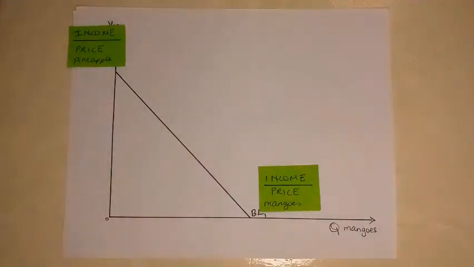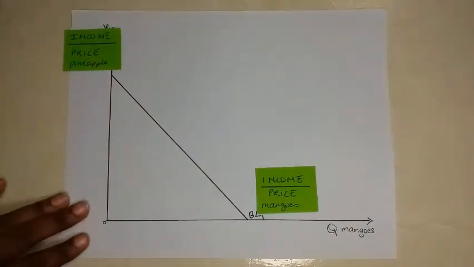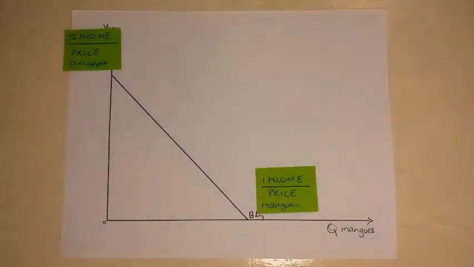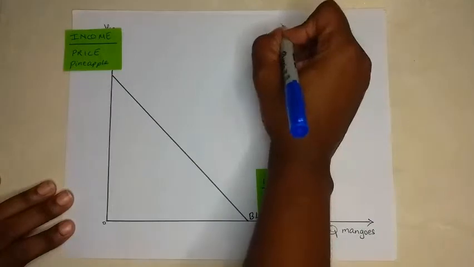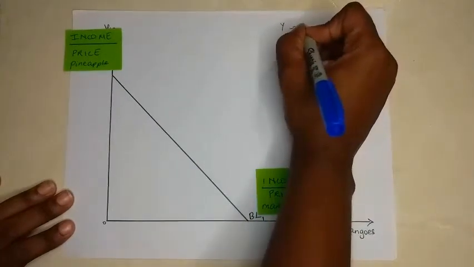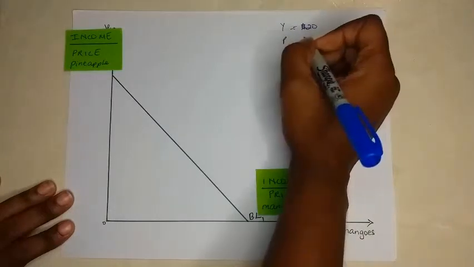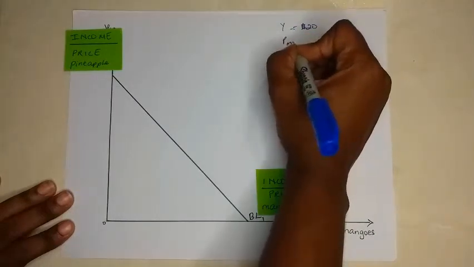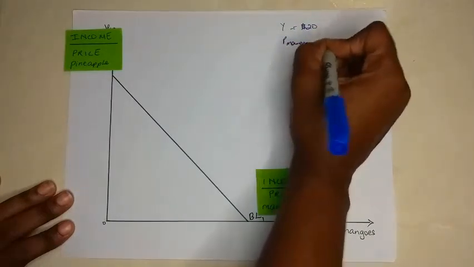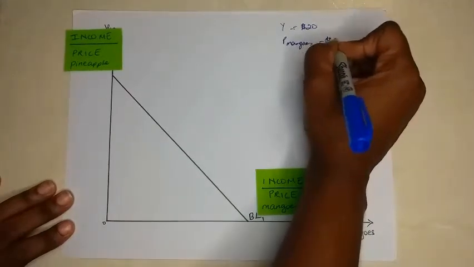And so we could use a little example. Let's assume that our income is $20 and the price of mangoes is $2 for one. So we could put here our income is $20 and the price for mangoes, we said, will be $2.